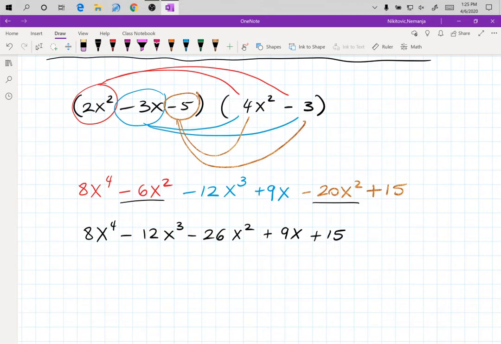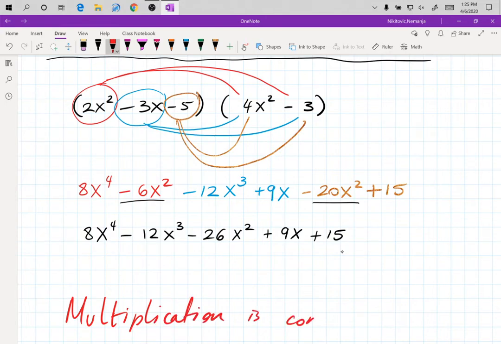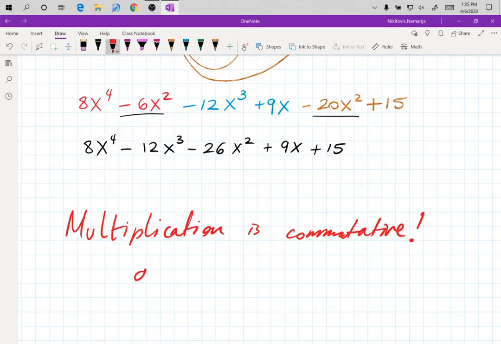Now, I hope that you remember that multiplication is commutative. And commutative means that A times B is the same as B times A.